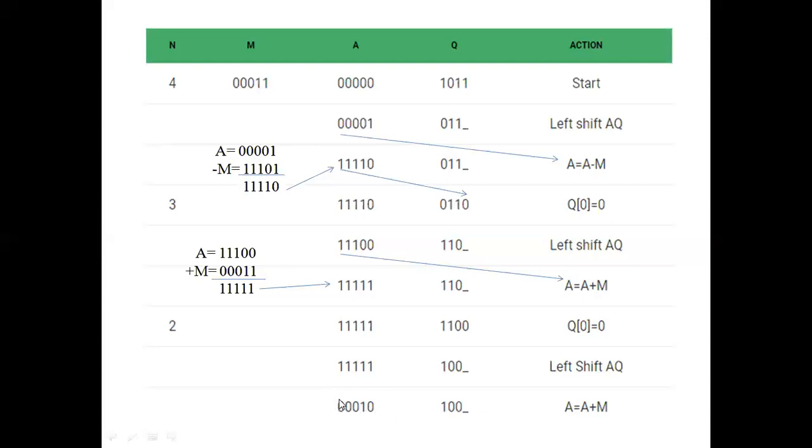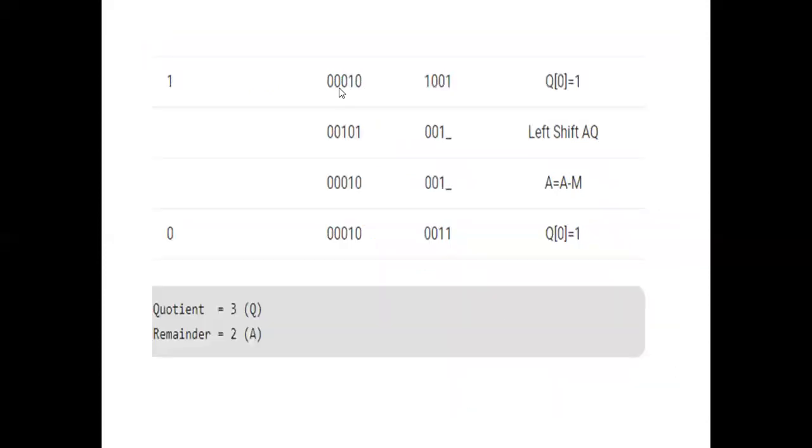So what is the most significant bit of A now? The most significant bit of A now is 0. If it is 0, then this field is filled up with 1. That is a positive value. If the most significant bit of A is 0, then the initial bit of Q will be replaced as 1. Therefore, in the next step, it will be 0 0 0 1 0, and it will be 1 0 0 1, and here q0 is equal to 1. Okay.